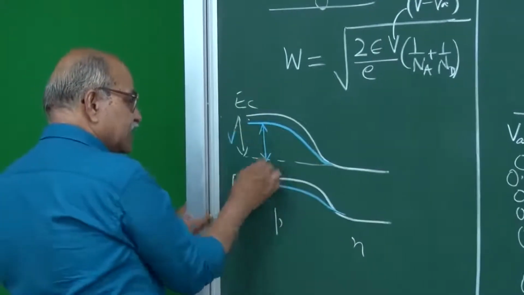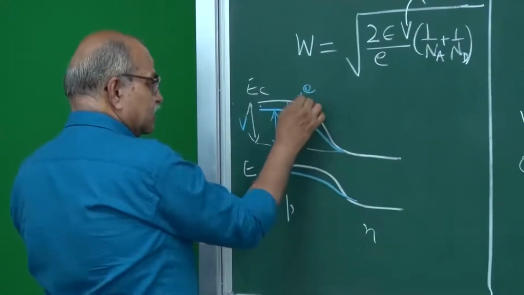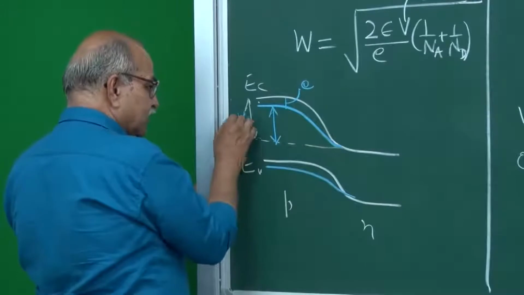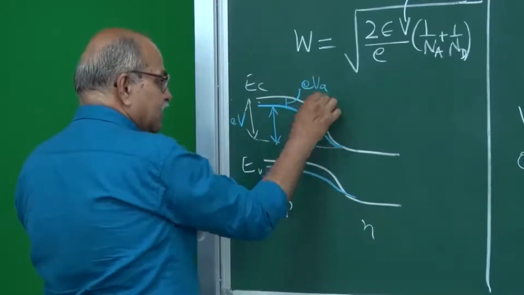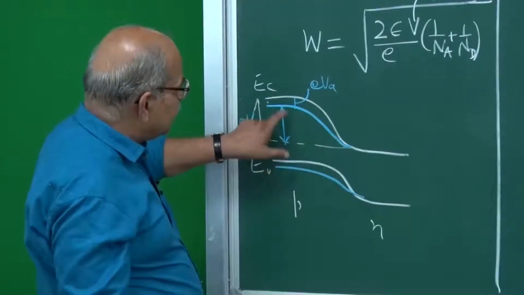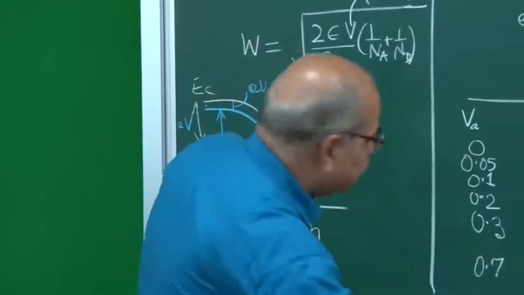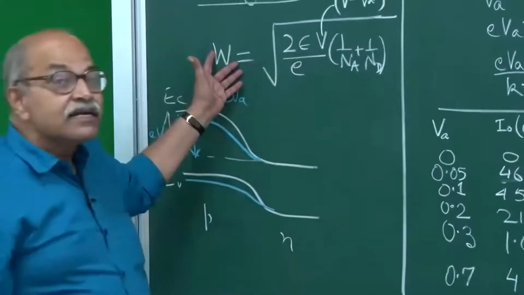So, this was V, and this is that applied E times, or this is energy. So, better to write E times VA, and now this is the barrier. So, in place of V it becomes V minus VA.